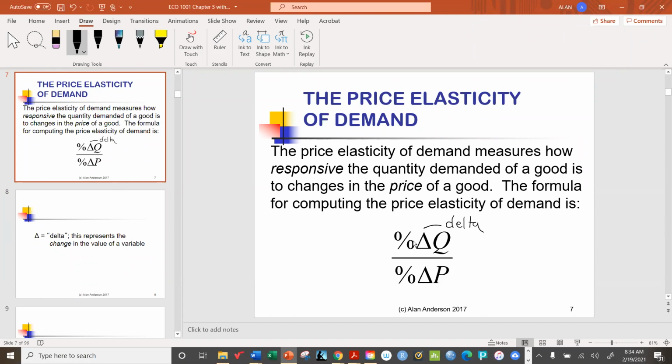So when you combine the two, and this is a common practice in most books, this becomes percentage change. Okay, so that's what that's meant to represent. Let me just quickly put that in here. And just delta by itself, you can think of that as absolute change.